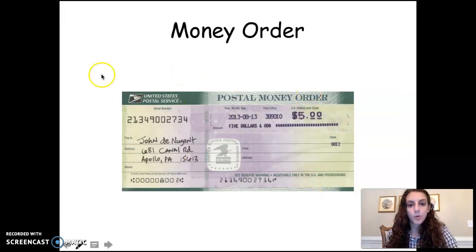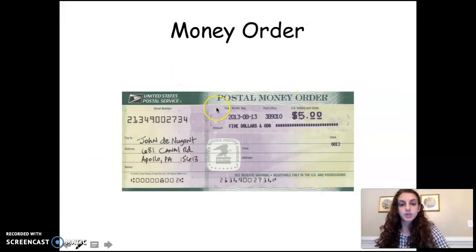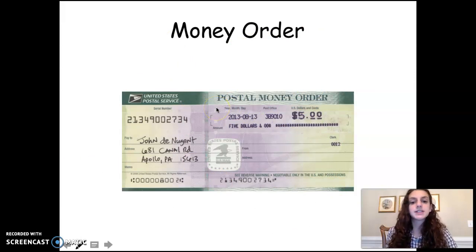A money order is a way to pay for things that cost lots and lots of money without having to have access to a bank account. Instead, you pay the amount of money that is required for something like rent or anything that costs a larger amount of money.